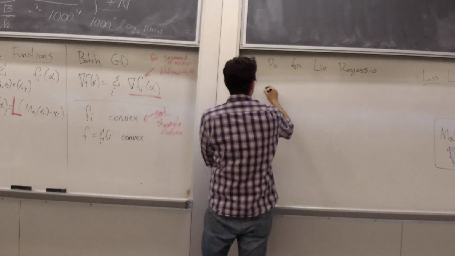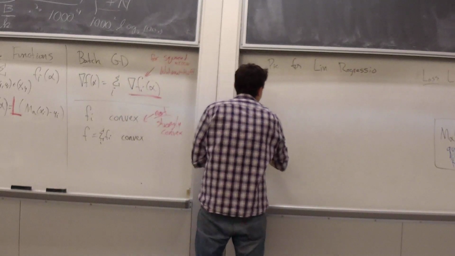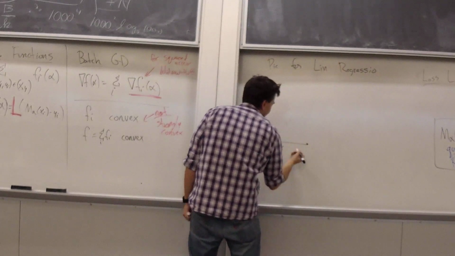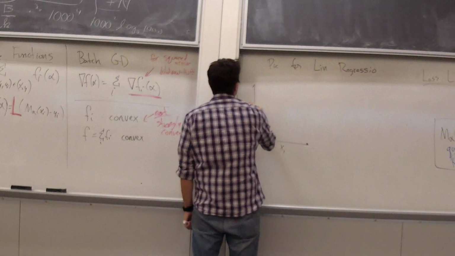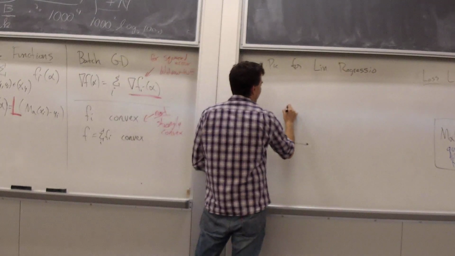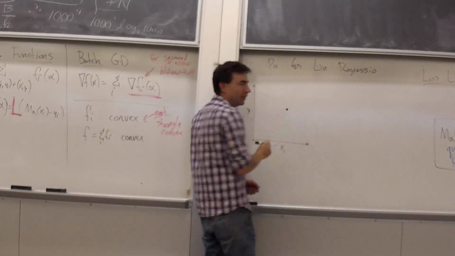What's going to happen with linear regression is I'm first going to draw this is x_1 and this is y_1. And so I'm going to have one data point.